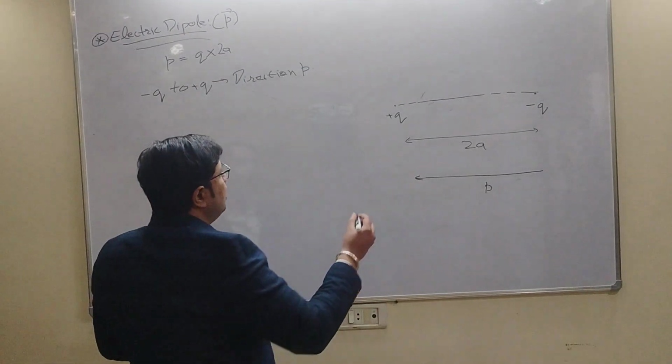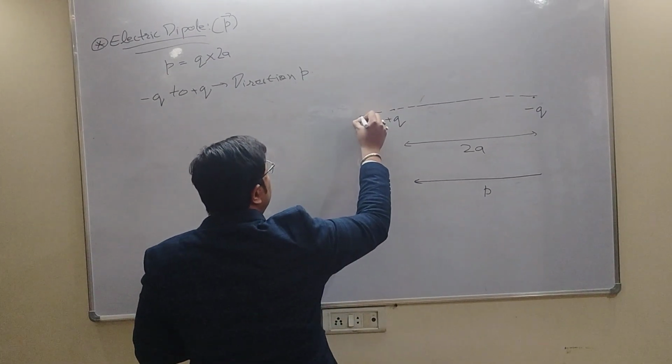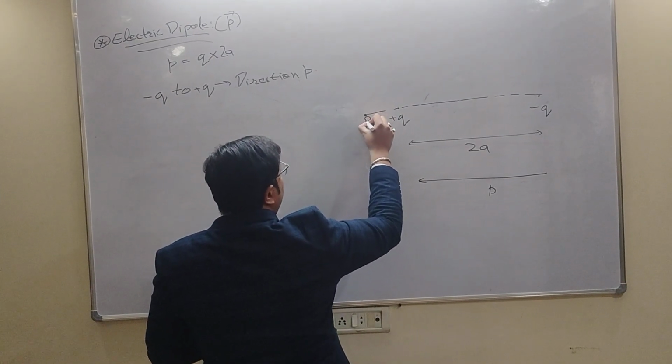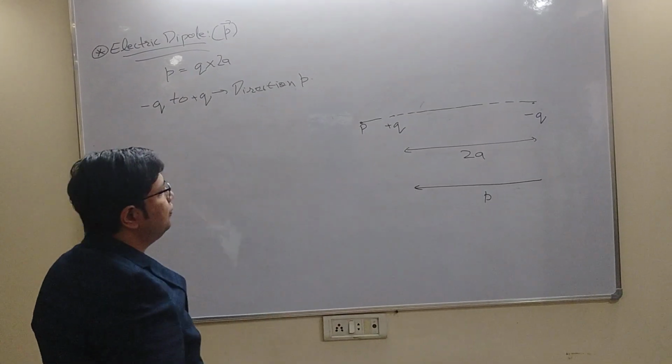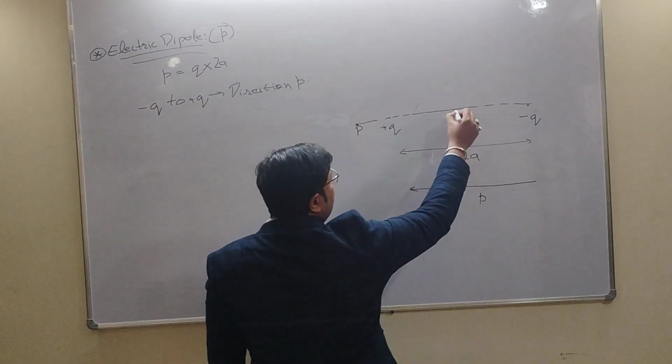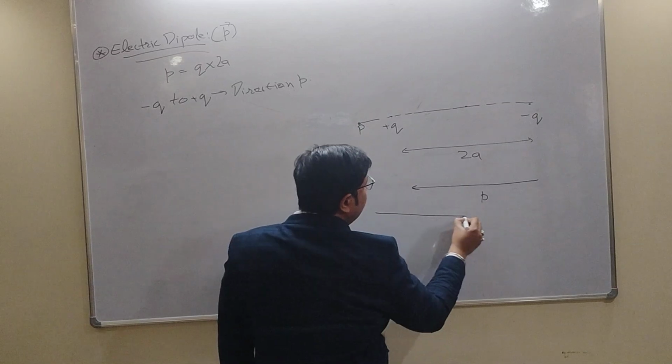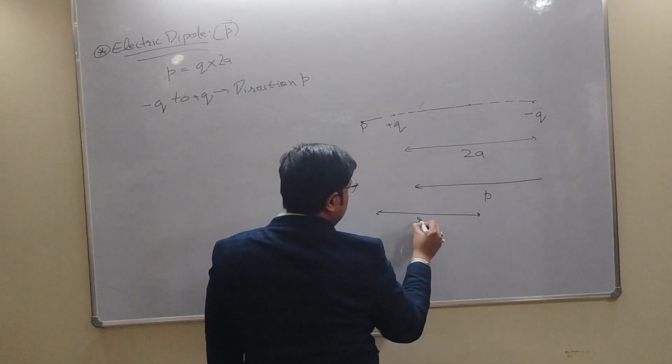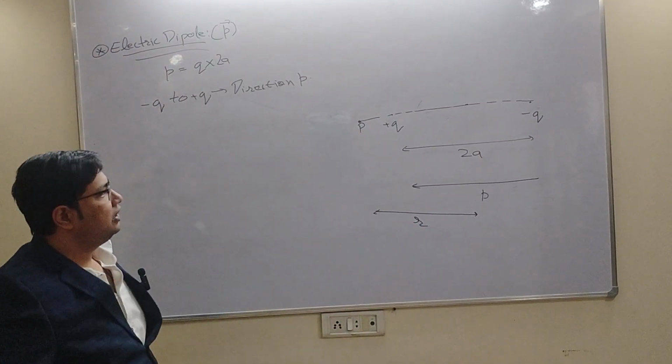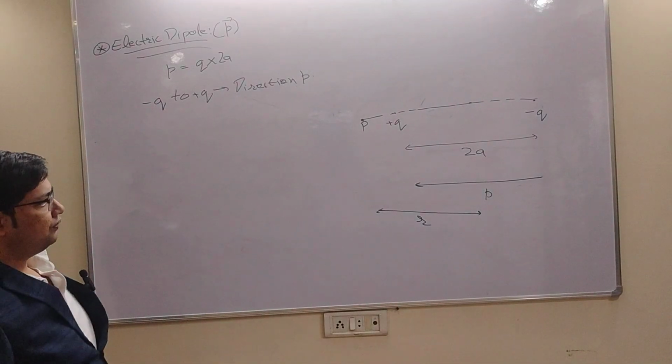So for example, if I want to find out the field at point P, this is a point P and I want to find out the field at this point. This point is at a distance r from the center of the dipole.